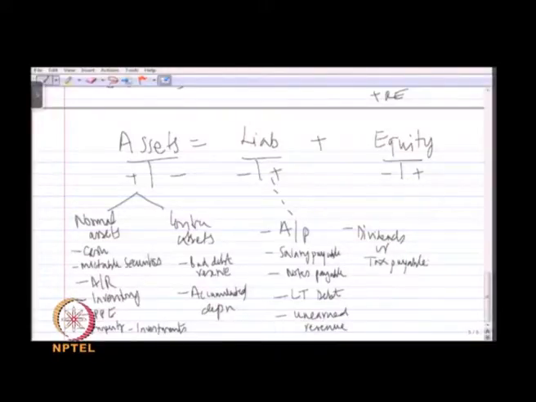These are the commonly used accounting heads under the liabilities category.